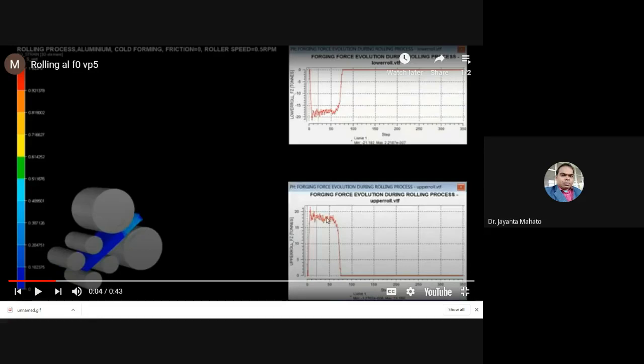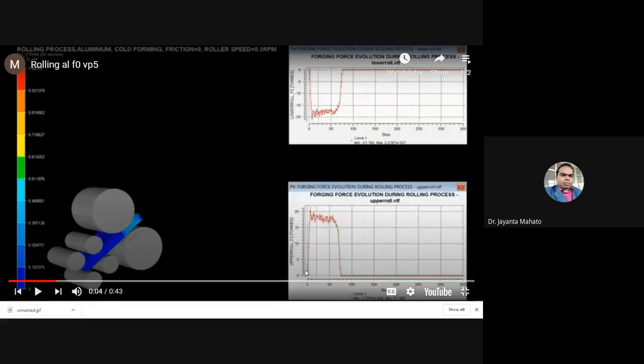Just when the material enters between the two rollers, the required force increases like this, reaches a maximum when the neutral point comes, and then decreases again. This is for the upper roller.